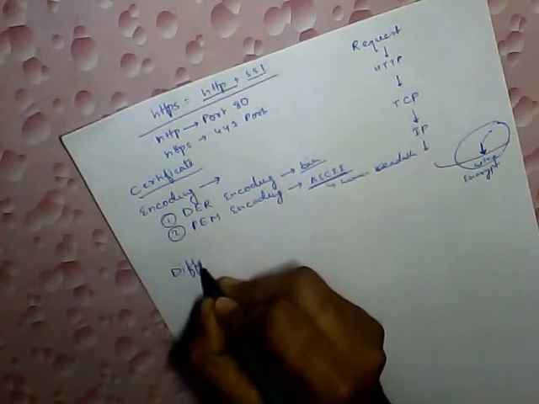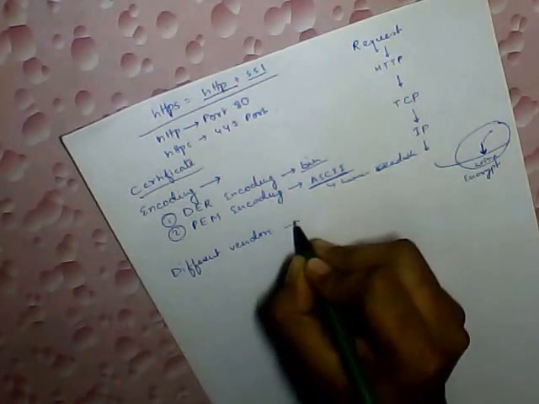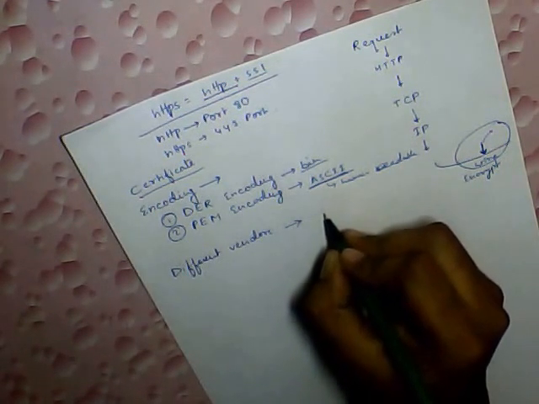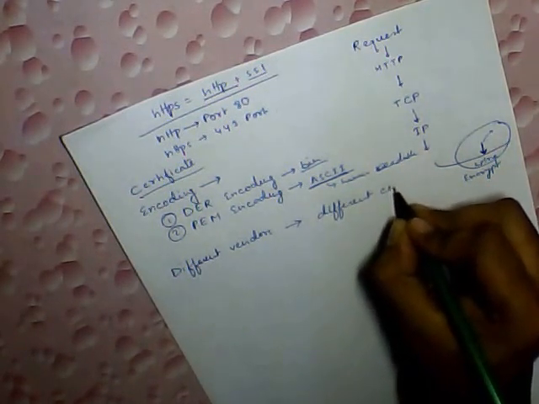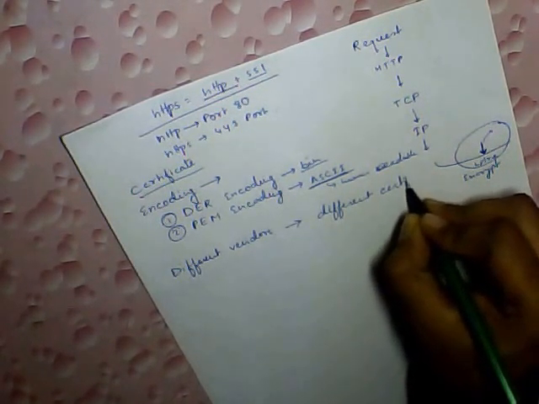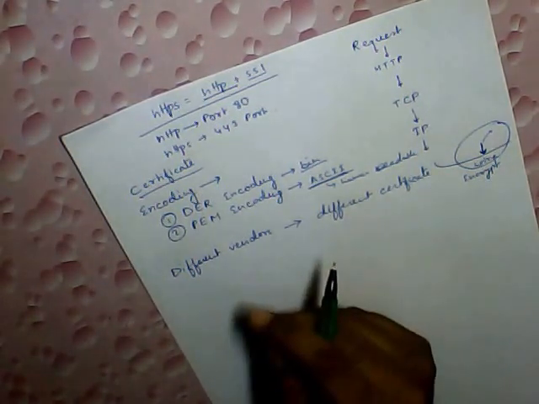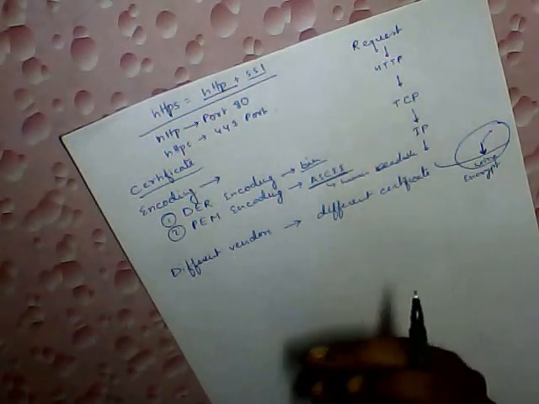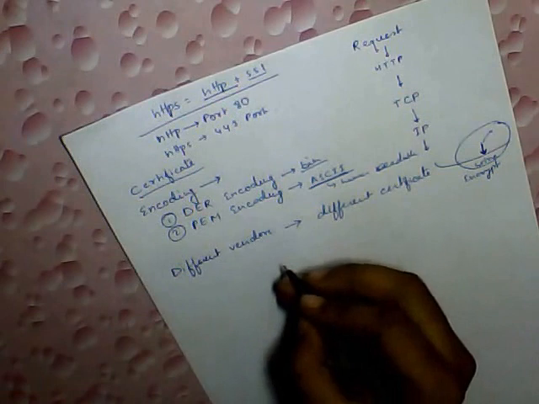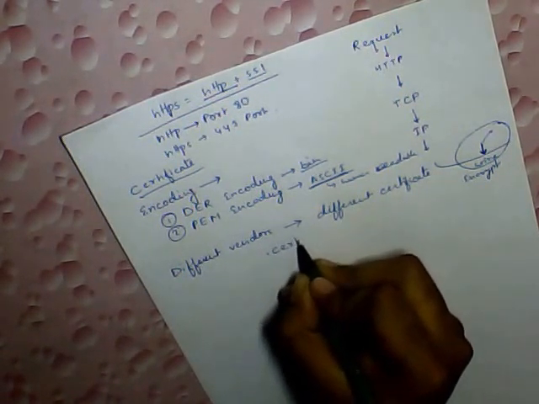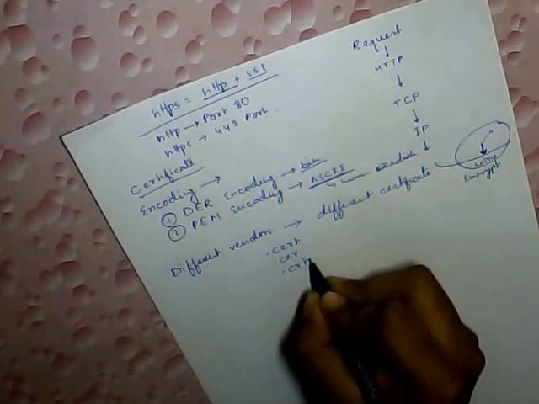Now friends, there are different vendors who supply certificates and they provide different types of extensions for the certificate. Suppose we have a certificate with the extension .cert or .cer, all are the same. If you right click you can see the certificate.